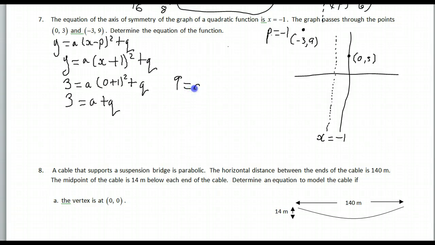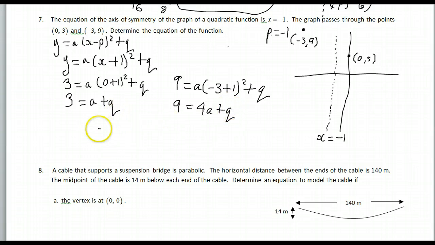9 is equal to a, negative 3 plus 1 squared plus q. Negative 3 plus 1 is negative 2. Squared is 4. This will give us 9 is equal to 4a plus q. We now have 2 equations in 2 unknowns.